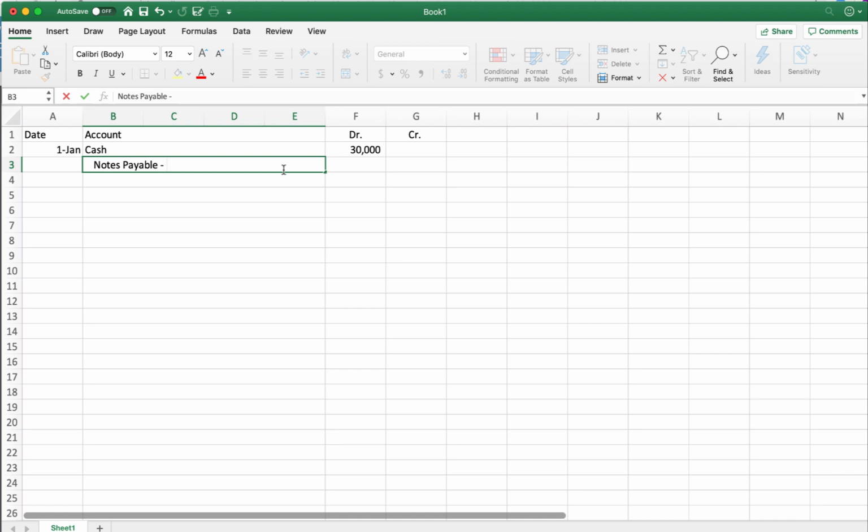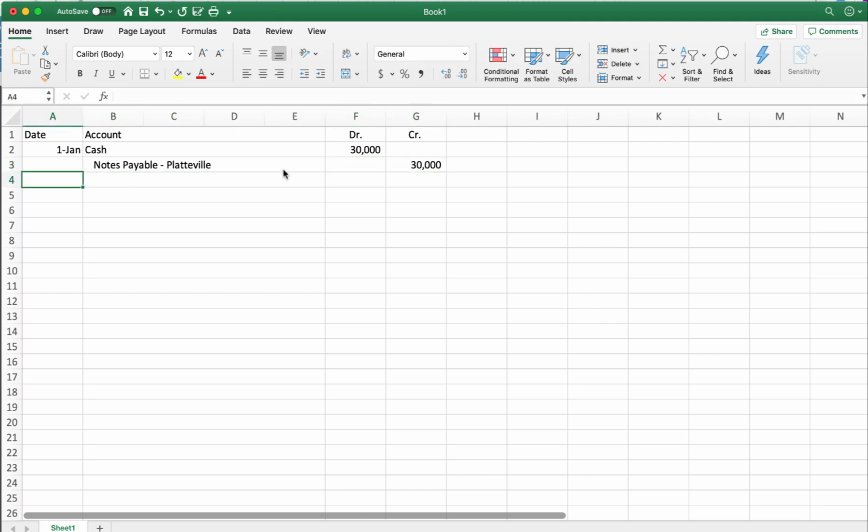So I'm just going to type in notes payable dash Platteville, okay? What this does is allows us to keep track of which notes belong to which bank, right? So we signed a note for $30,000.